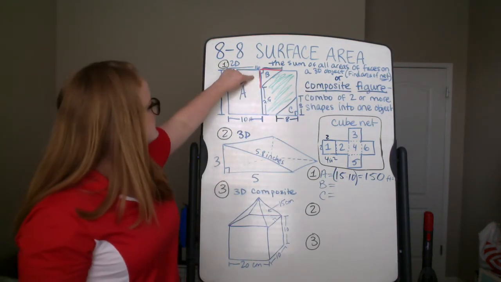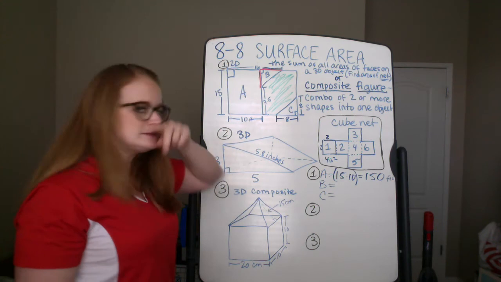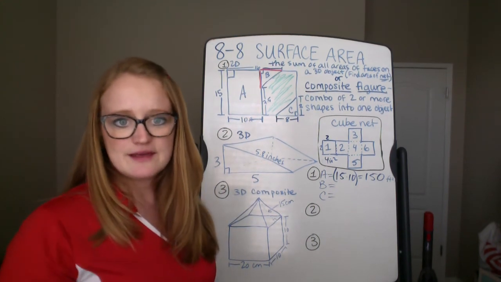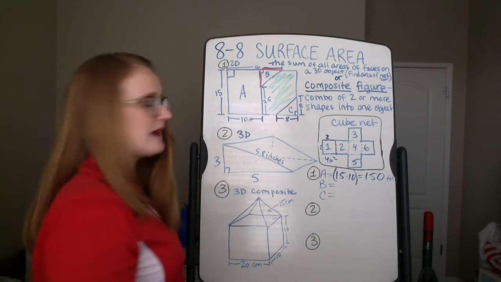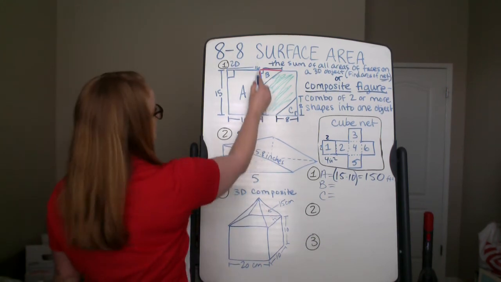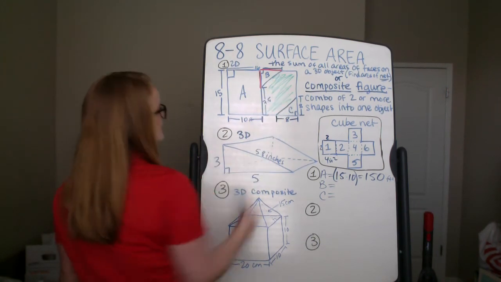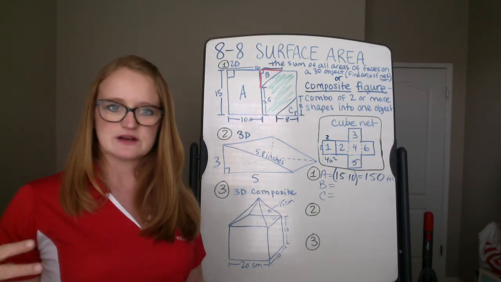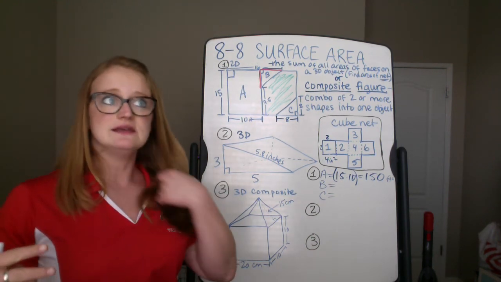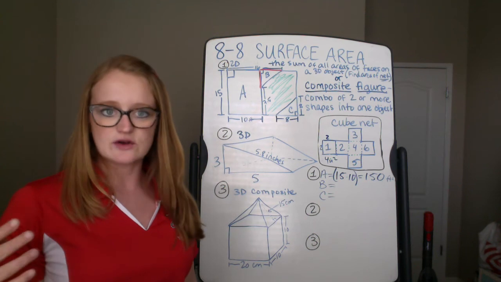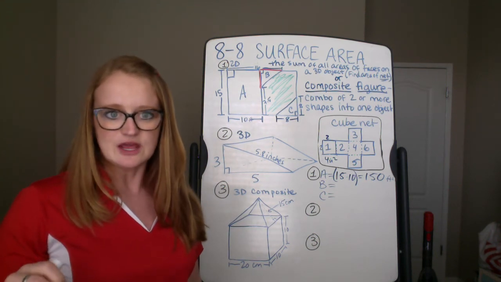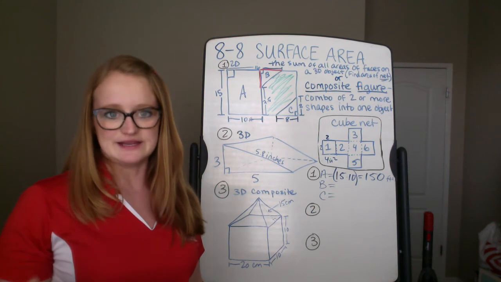Now, the B section becomes a little bit more challenging because I don't have dimensions, right? I've highlighted these in red. We don't know what that dimension is or that dimension is. But we can figure it out based on the other dimensions given in the figure. Just like we did in 8-7 cross sections, when we were trying to find the lengths of the cross section, we're looking for parallel lines.